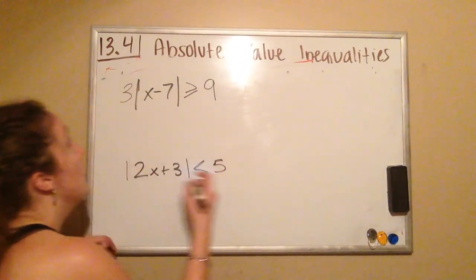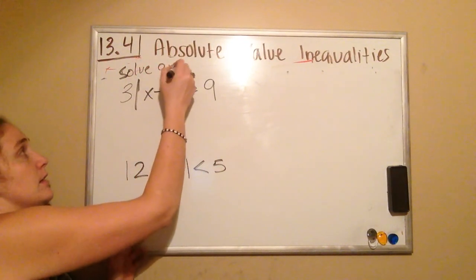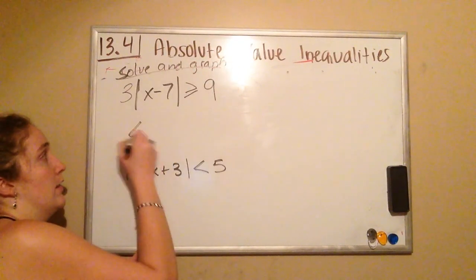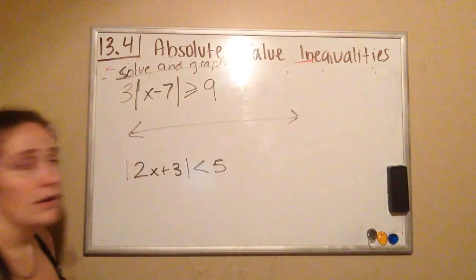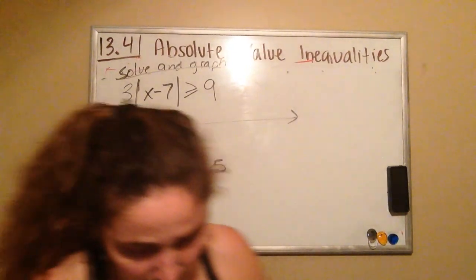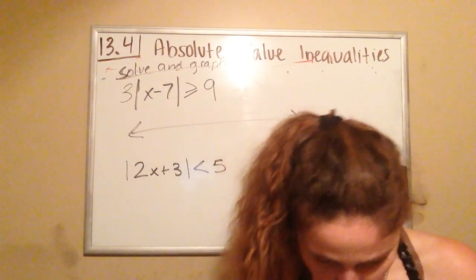Here's the second one. So your instructions are to solve and graph. Remember, when you're graphing on a number line. Okay? Alright, so work those 2 problems out on your left-hand side. And then we're going to do one last portion of this.